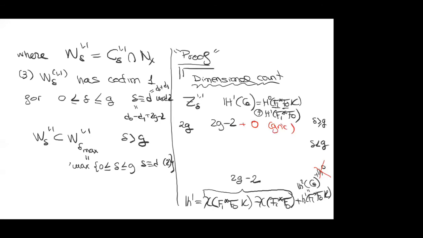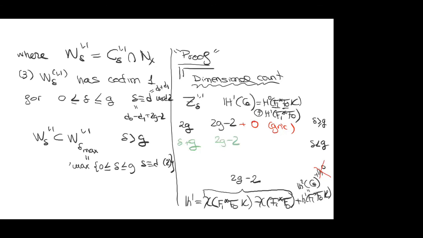Now, when delta is smaller than G, we didn't have all line bundles, unlike in the delta greater than G case. We only have the symmetric product of delta copies of the curve. And so this becomes delta plus G. And in here we have again 2G minus 2.